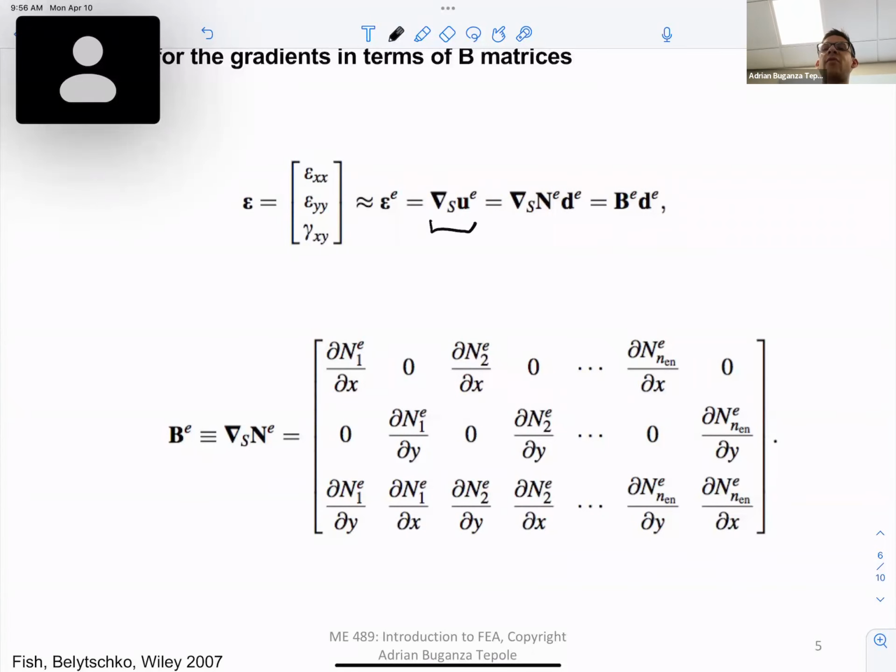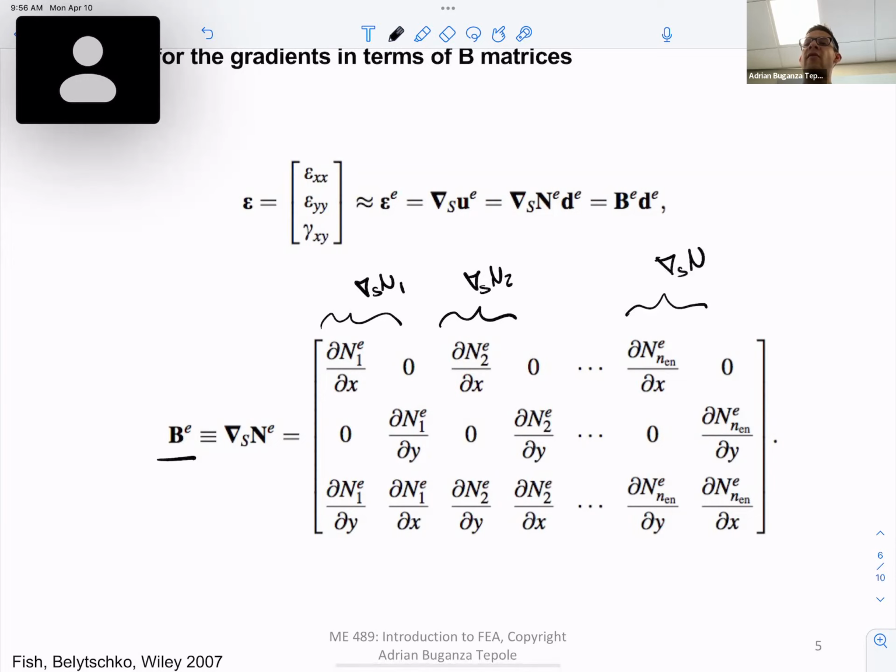If you put it in a matrix form, the B matrix has every two columns representing the gradient of one shape function. These two columns represent the gradient S of N1, these two columns represent the gradient S of N2, and so on, depending on how many nodes you have, up to N, here called NEN.